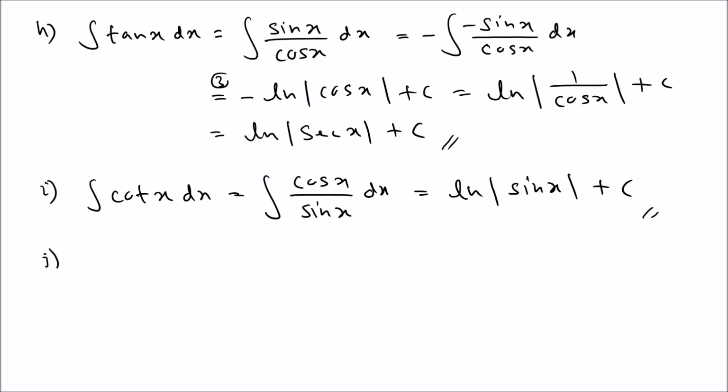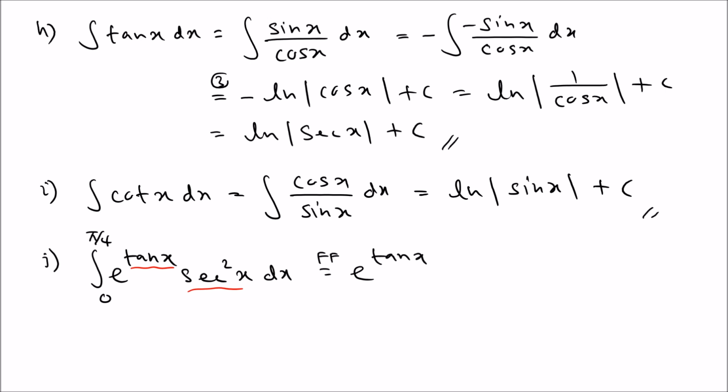How about this one? Let's do an exponential function: e to the tan x times secant squared x dx, with limits 0 and pi over 4. You can see this is f(x), and this is its derivative. According to the 4 formula trick, formula number 2, this is simply e to the tan x, because that's the derivative, and then evaluate at pi over 4 and 0.